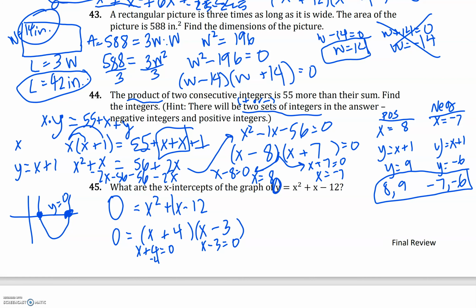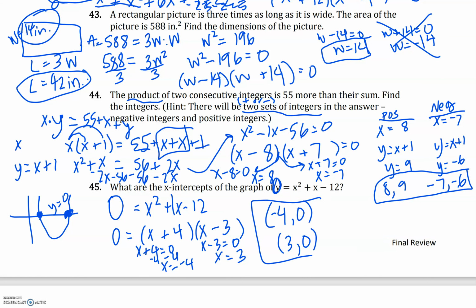And we get x is negative 4 and x is positive 3 if we add 3 to both sides there. So my two x-intercepts, we got to make them into points, right, coordinate points. I have negative 4 and 0 for the y, and 3 and 0 for the y on that one. So my two x-intercepts are negative 4, 0, and 3, 0.